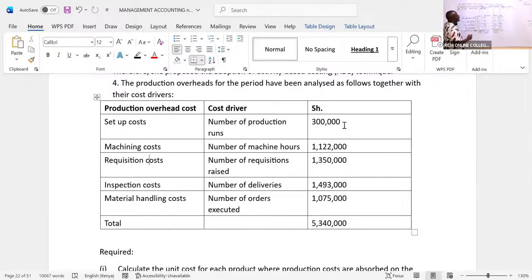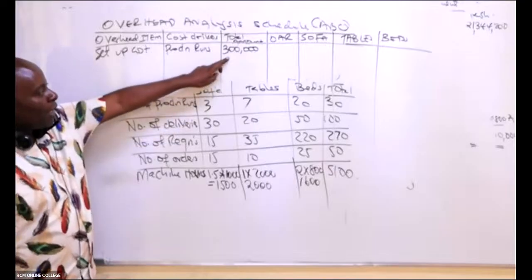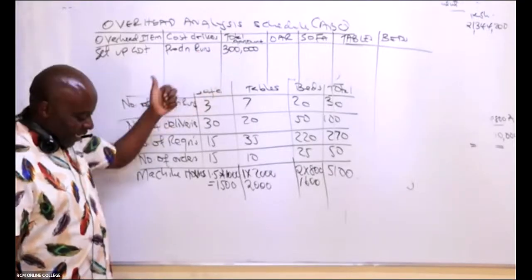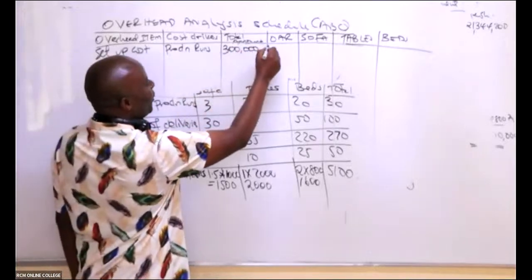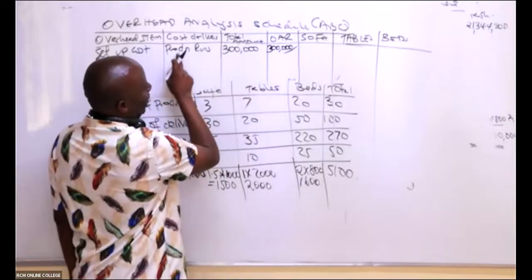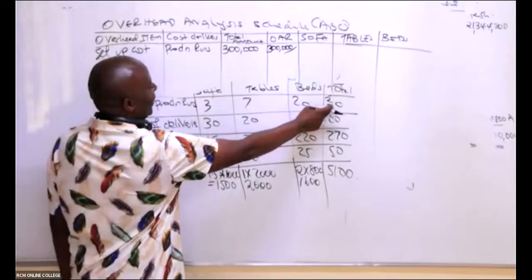So then to get OAR, I will take the total overhead over the total cost driver. Total overhead is 300,000. We know that here the cost driver are the production runs. Do we have production runs total? 30.